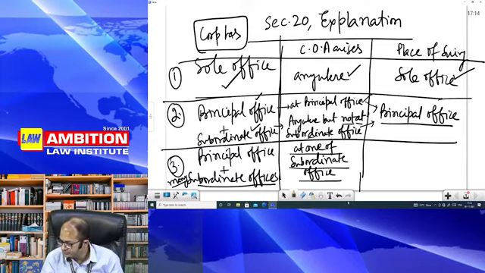Out of the four courts which have jurisdiction as per CPC, you can provide various alternatives, but you cannot confer jurisdiction on a court which is not provided in CPC. It is not allowed. Is this clear?